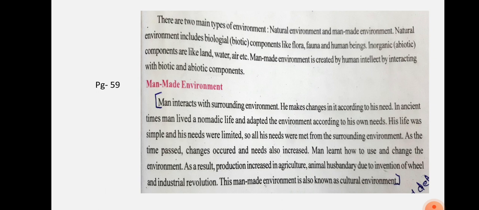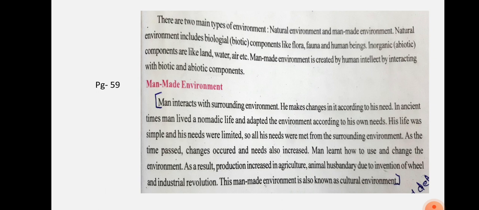As the time passed, changes occurred and need also increased. But as the time passed on, what happened? The needs of human life increased. Man learned how to use and change the environment. Now slowly, as we have already seen in 6th standard, that after Stone Age, the humans started making wheels, they started making houses out of mud and hay.